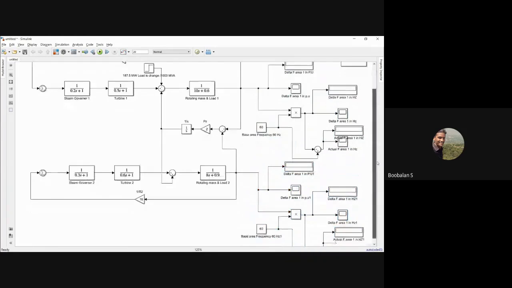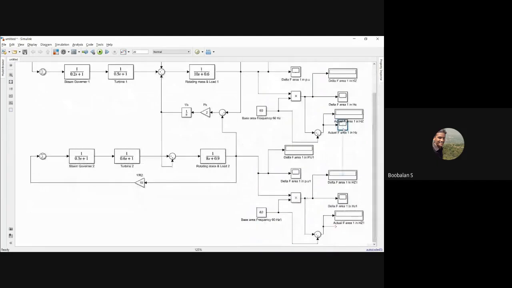So instead of area 1 we need area 2. So area 2, area 2, area 2, and area number 2.